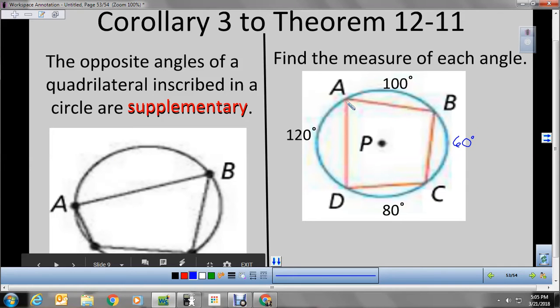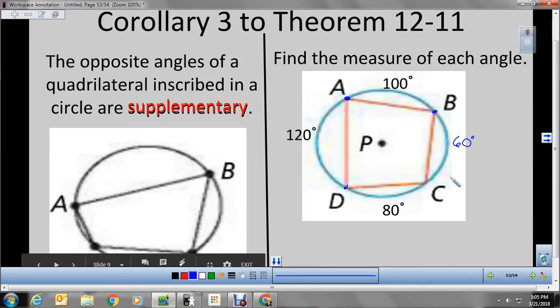So now let's take a look at angle A. Angle A is our inscribed angle. It opens up to the arc that starts at D and also opens up to the arc that starts at B. Now the total measure of this arc, DCB, is going to be 80 plus 60, which is 140 degrees.